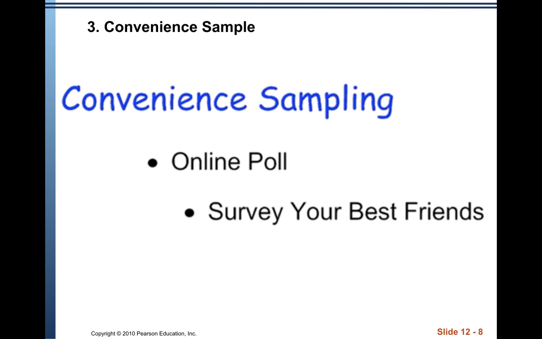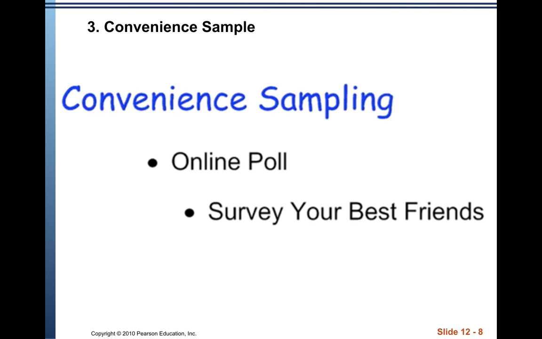All right. The next thing is a convenience sample. A convenience sample is usually not very advisable. An example of a convenience sample is where you conduct an online poll, but you only survey your best friends. Are your friends likely to be representative of the entire population?